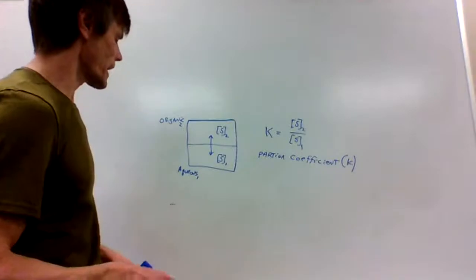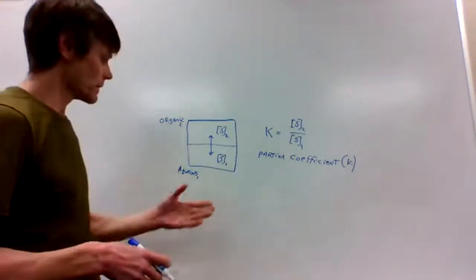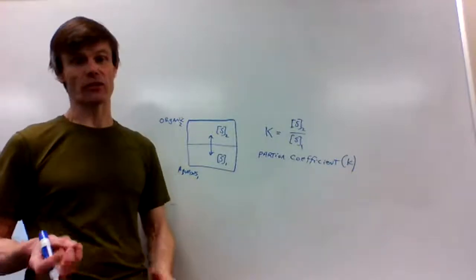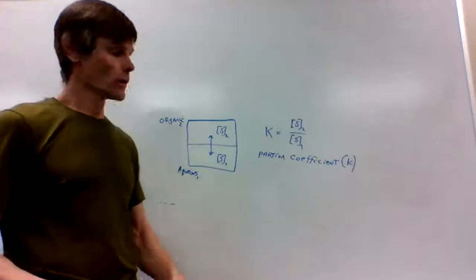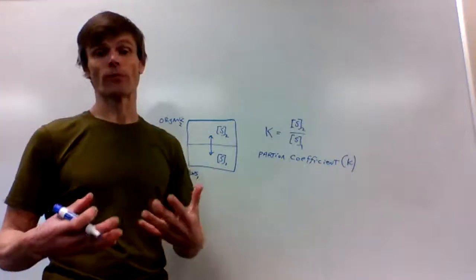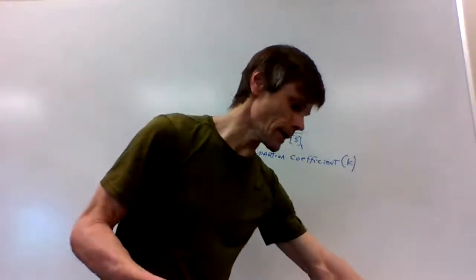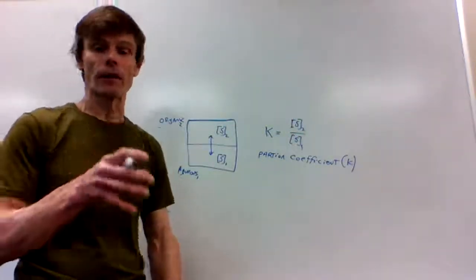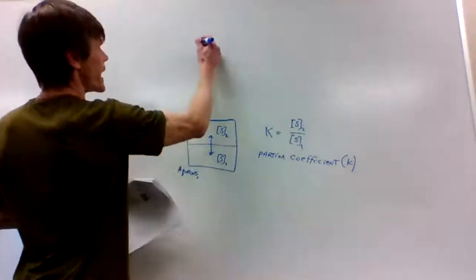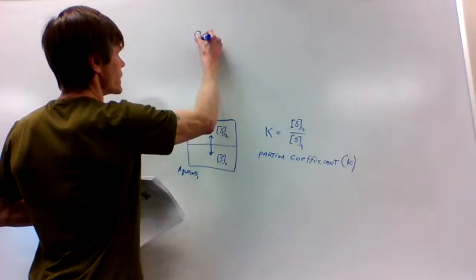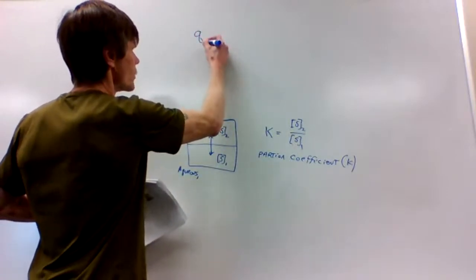And what we're going to look at is the fractional amount of our analyte that remains in the aqueous phase. So if our goal is to move it into the organic phase, we would prefer to see a smaller fraction remaining in the original aqueous phase. And to understand extraction efficiency, we define the fraction that remains in the original phase, Q. We'll just put a 1 by it, Q1.